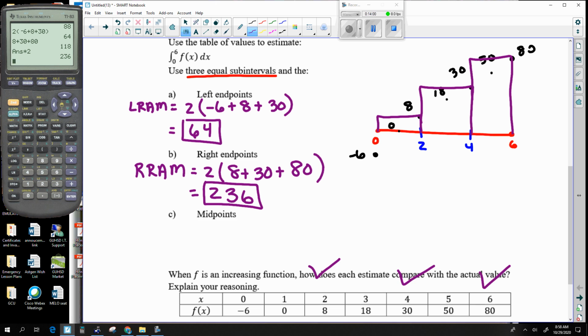So they had a huge discrepancy in area there. Huge difference.